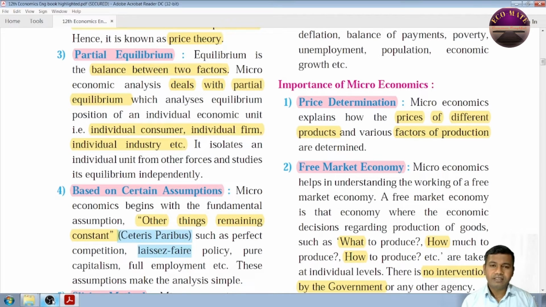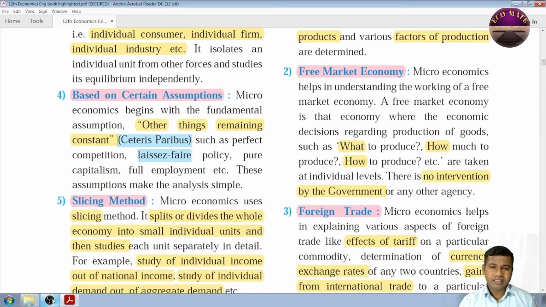The market functions by itself. There is a demand and a supply of commodities, and these forces are free. As per these forces, the price of the commodities will be decided.